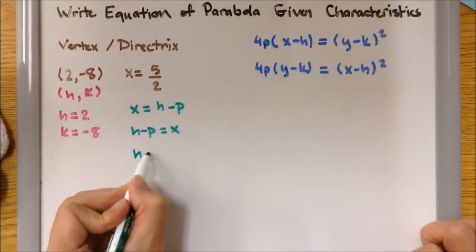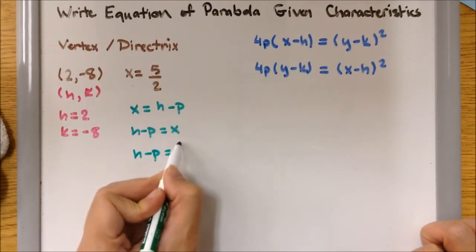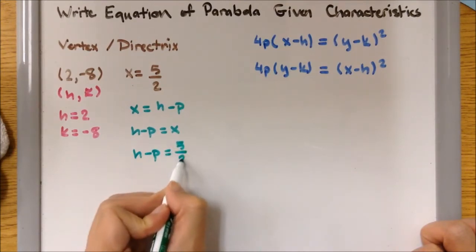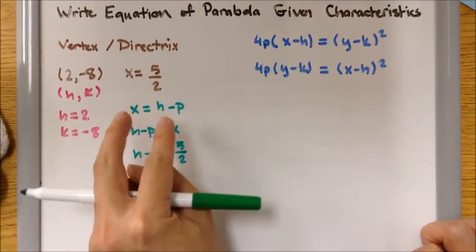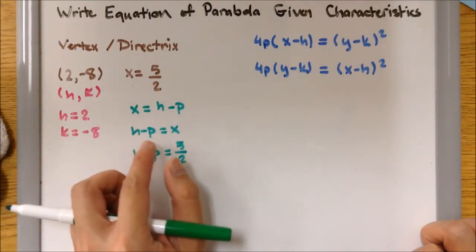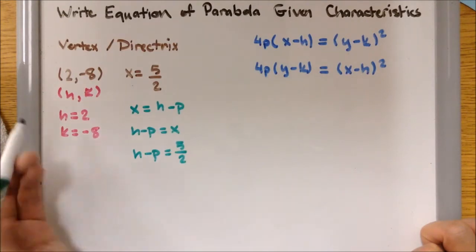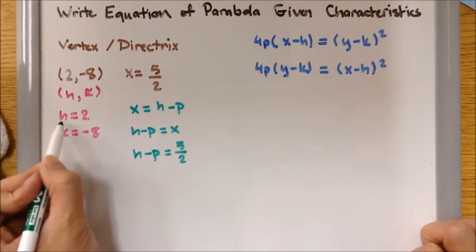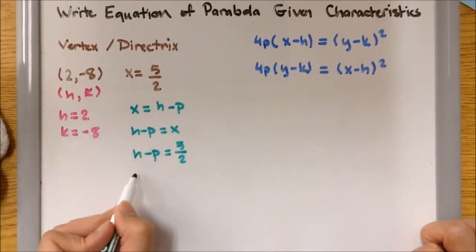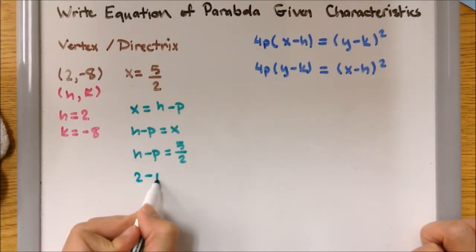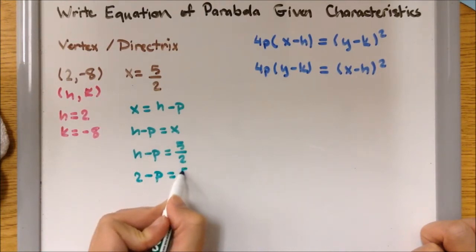So it's going to be h minus p equal to 5/2. All I did was switch the sides into h minus p equal to x, and then plug in 5/2 for x. Next, I'm going to plug in the value for h, which is 2. So 2 minus p is equal to 5/2.